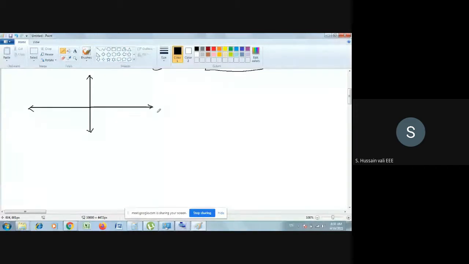Sometimes in textbooks you observe that slip is also taken. So just recall, I will just draw that.